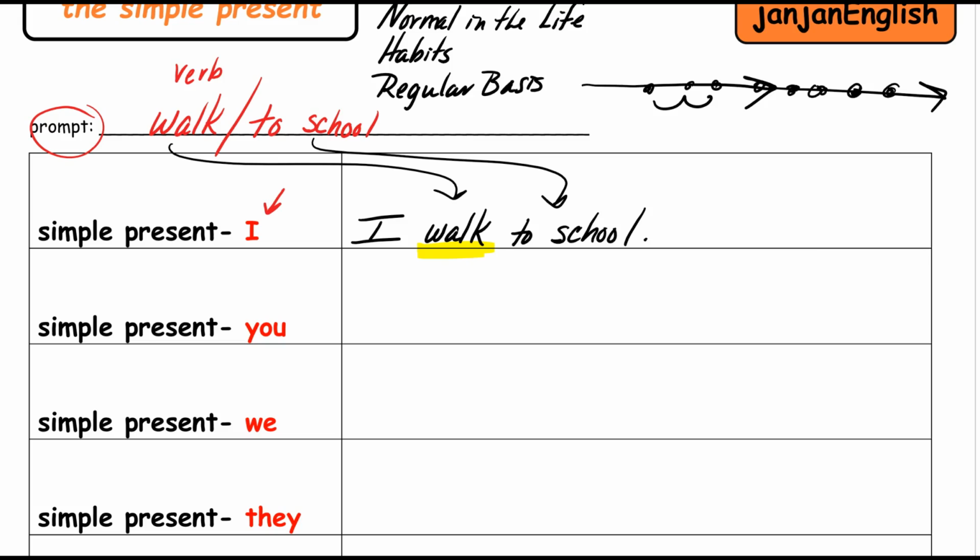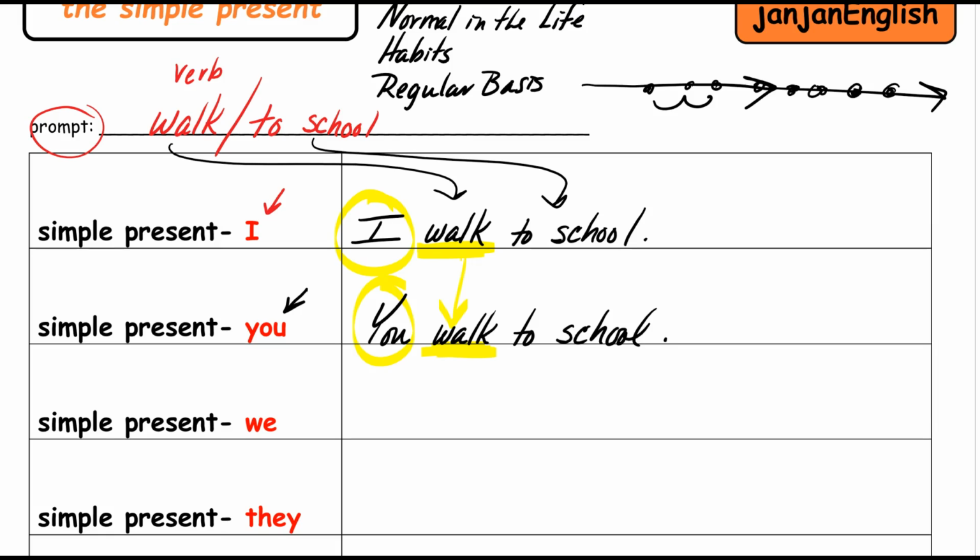And we did not change the verb. The next person we're going to look at is you. You walk to school. And there's the verb. And there's no change. I walk. You walk. Different people, but no change in the verb. It's just the regular form.